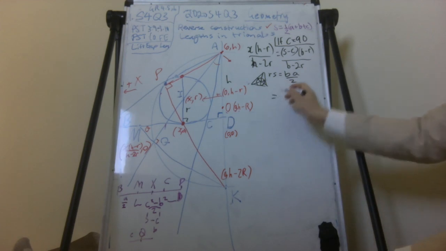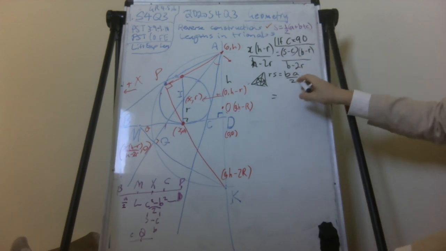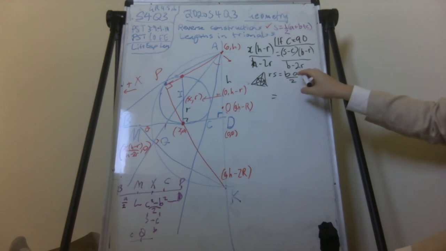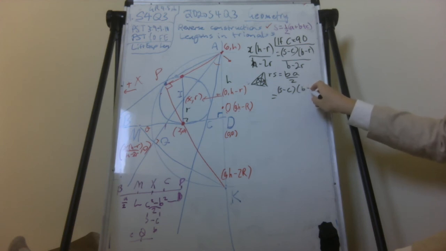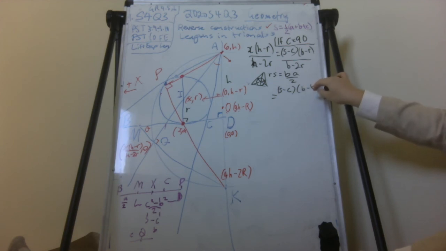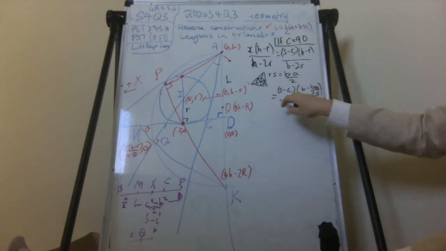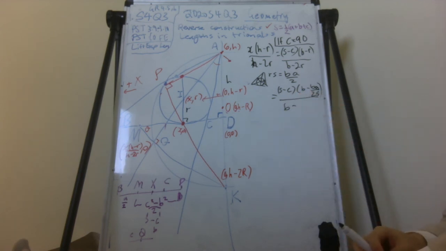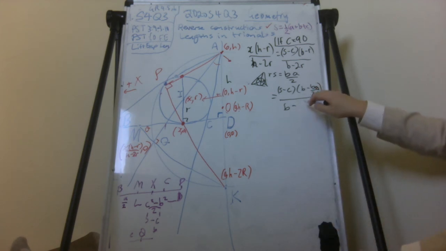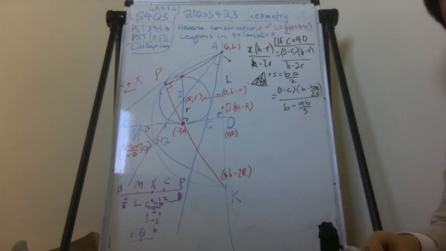So this is equal to S minus C times B minus BA on 2S, which is B minus AB on S.